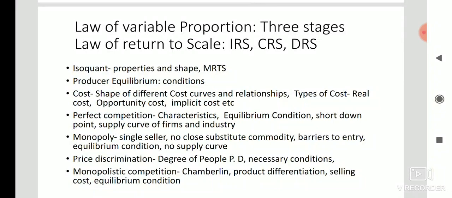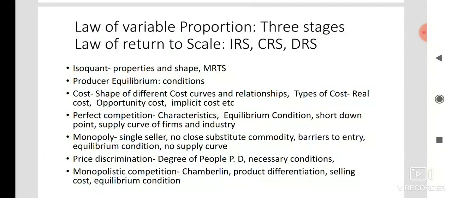Then what is AFC, average fixed cost? Average fixed cost is total fixed cost divided by X, or quantity or output, and similarly average variable cost is total variable cost divided by output or quantity. And an important question is the shape of the average fixed cost, and the shape of the average fixed cost is a rectangular hyperbola.